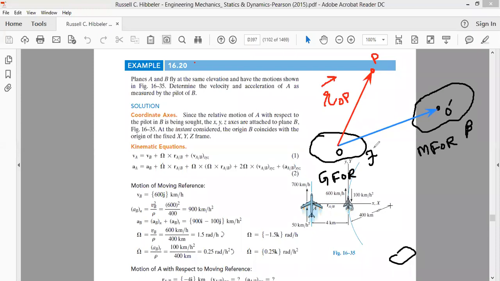This vector is the position vector drawn from an observer in the ground frame of reference to an observer in the moving frame of reference. I will write this as from O to O prime.